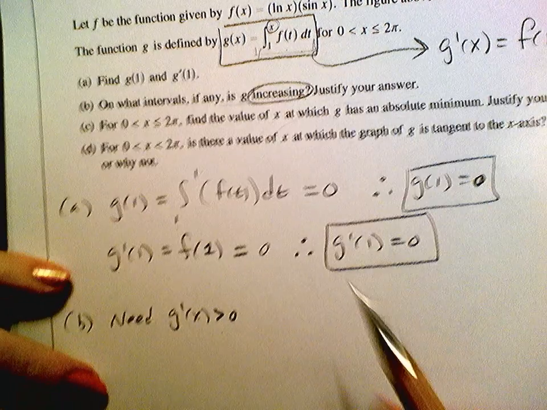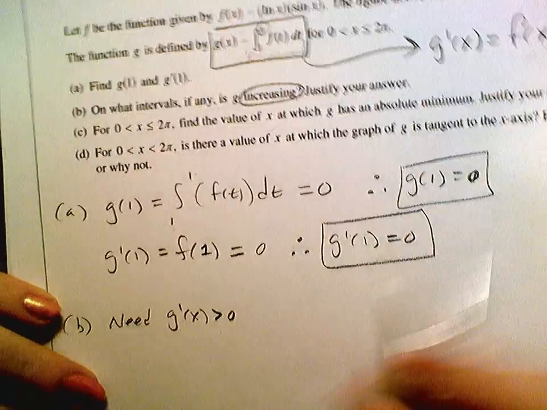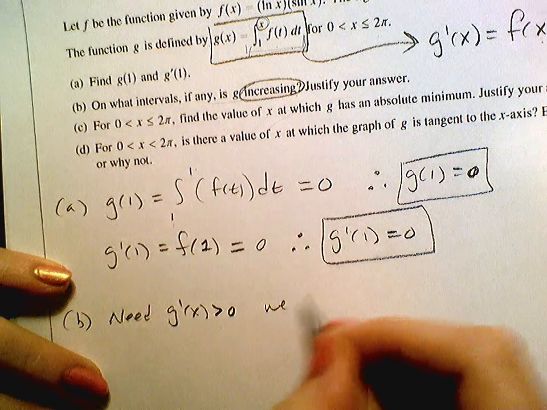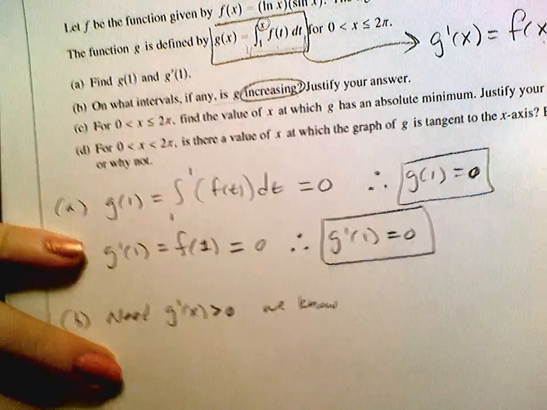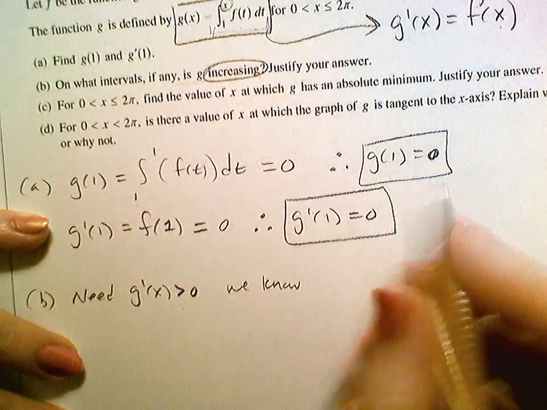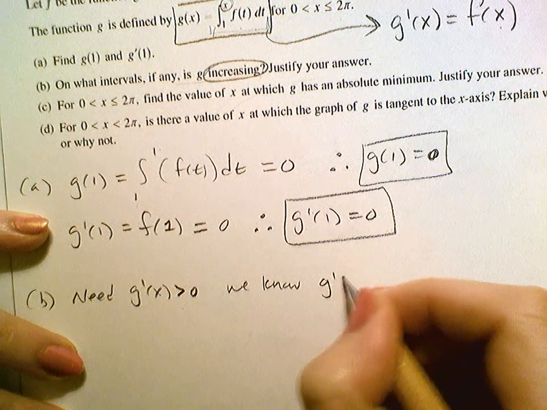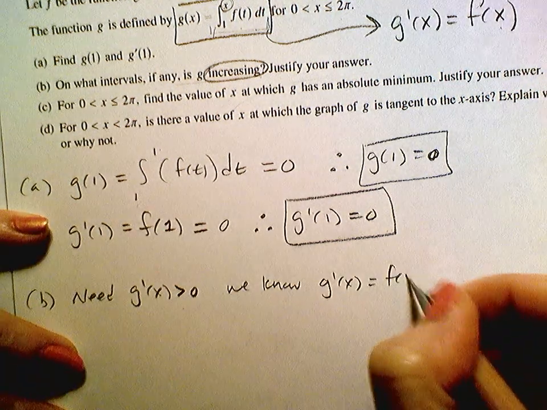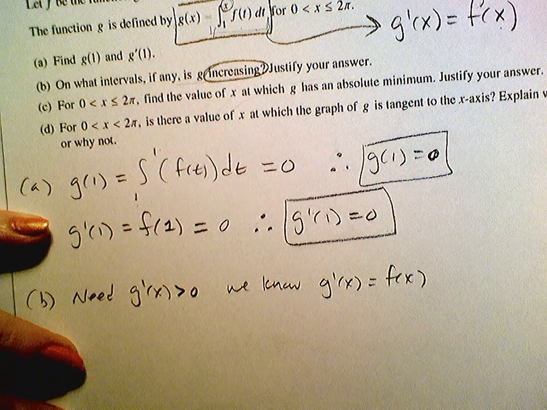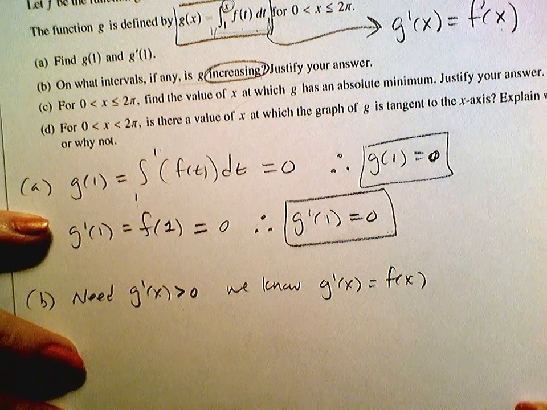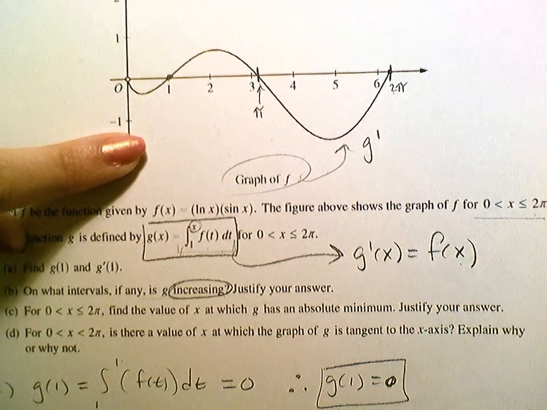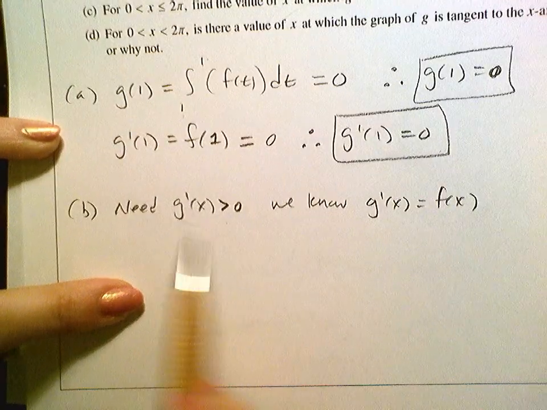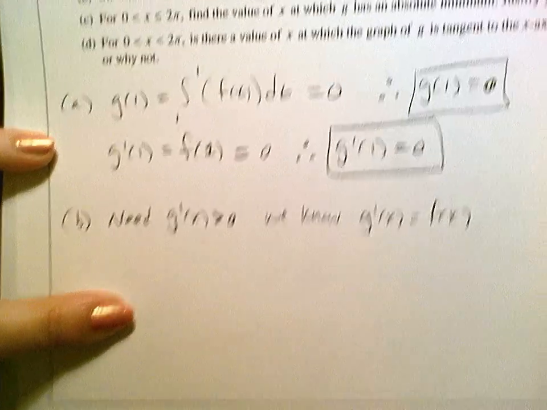Okay. Well, guys, so we need this, and then what do we know that's going to help us? We need this. We know that G prime of X is equal to F of X. All right. So this is G prime of X. And I want to know, like, where is it positive?